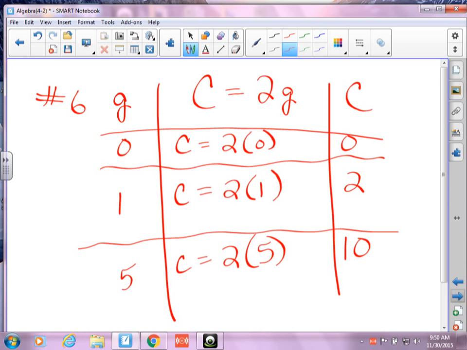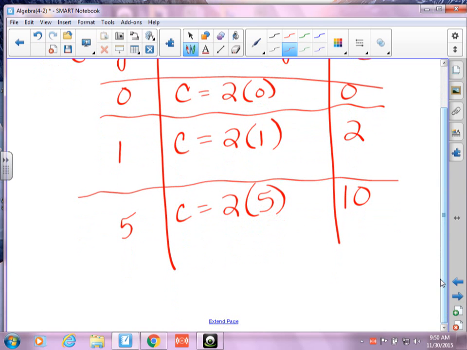Okay? So my domain is G. What's my smallest value for G? 0. What's my largest value for G? 5, right? Okay? Let's do my range.